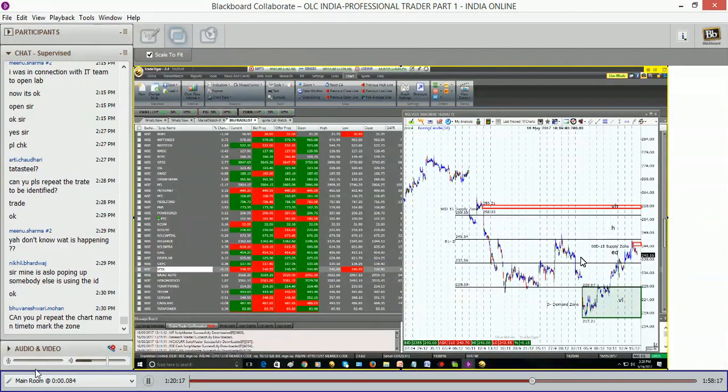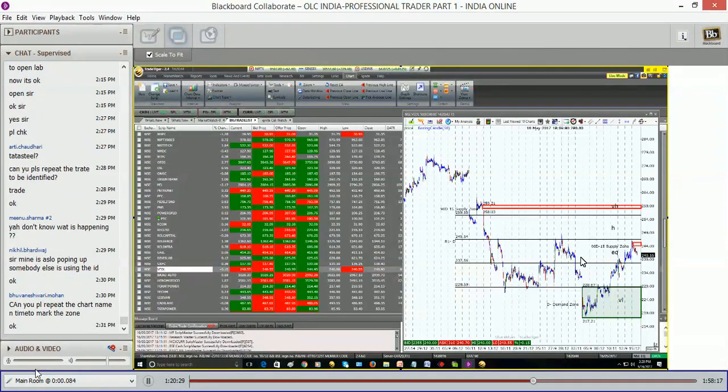Can you please repeat the chart name? It's a weekly income trade in Tata Steel, Bhuvaneshwari. Tata Steel weekly income trade. Yeah, okay. VEDL, yes, your Meenu. Now just mark the location first.